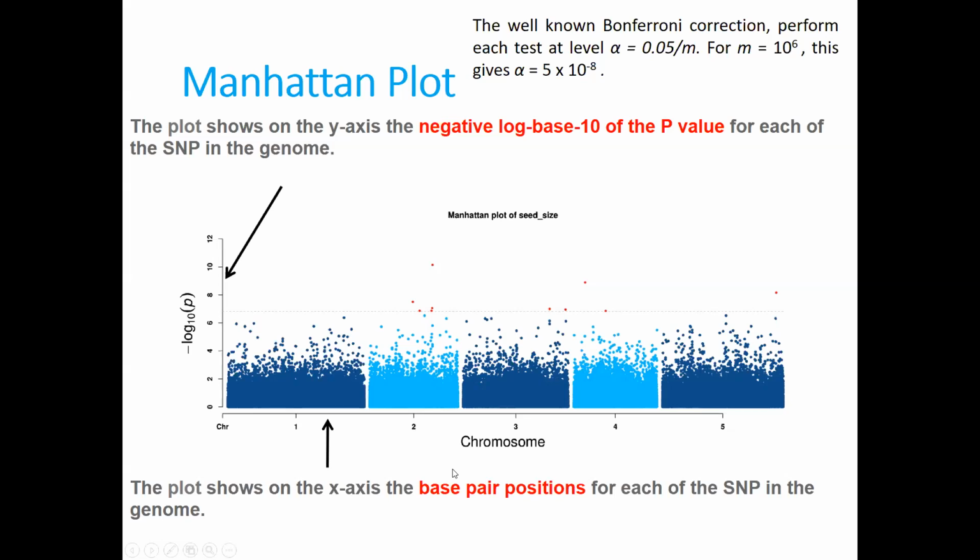And the x-axis shows the base pair position for each of the SNPs in the genome. Usually, we use the Bonferroni correction, performing each test at the level of this value.